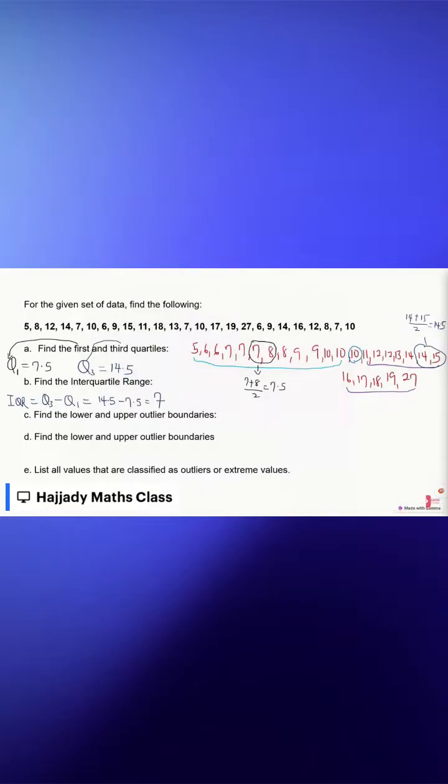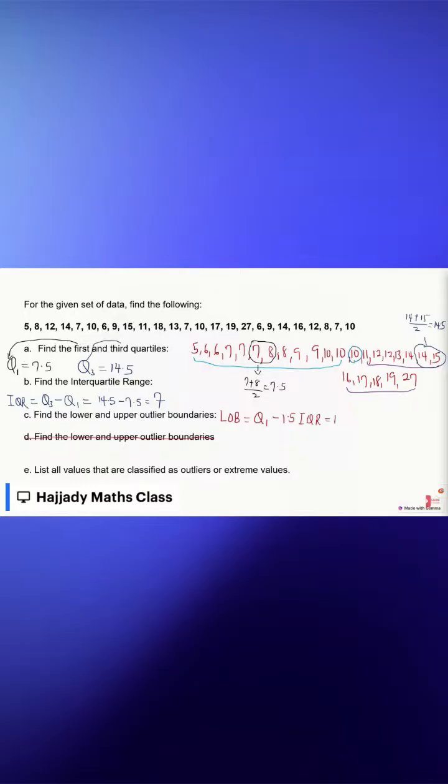Next, find the lower and upper outlier boundaries. I think this question was repeated twice. Find the lower and the upper outlier boundary. For the lower outlier boundary, I'm going to use LOB. The formula is Q1 minus 1.5 IQR.